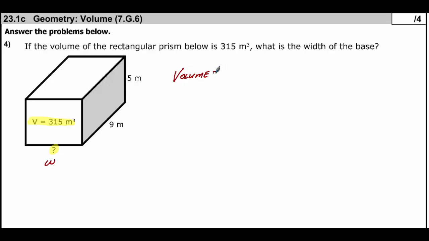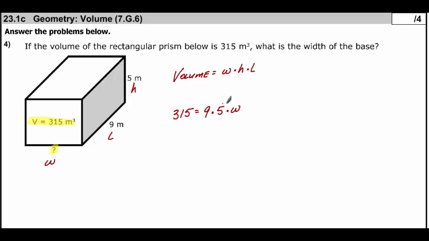is equal to, on a rectangular prism, volume is equal to the width times the height times the length. In this case, the length is 9, the height is 5, and so we know that 315, which is the volume, is equal to the length times the height times the width.